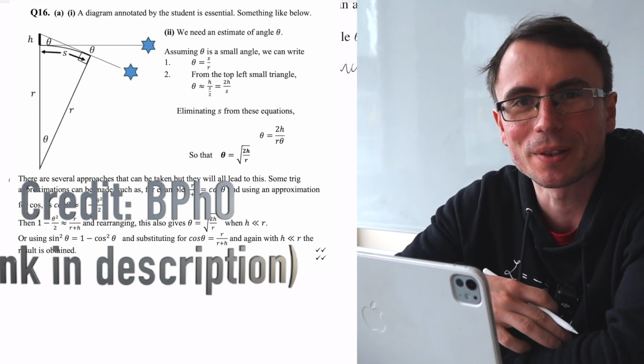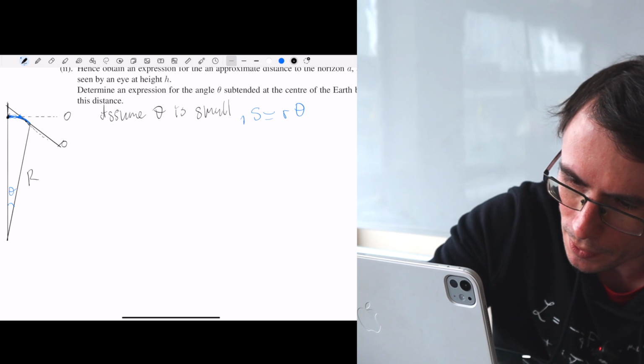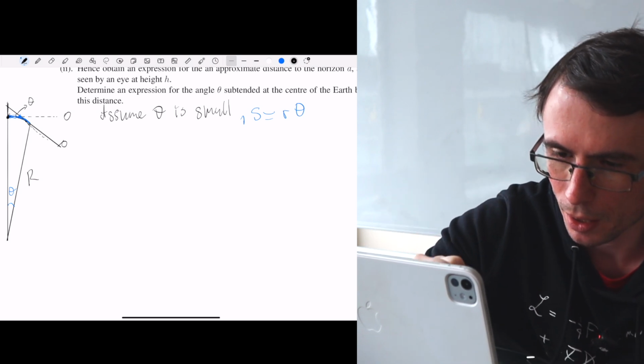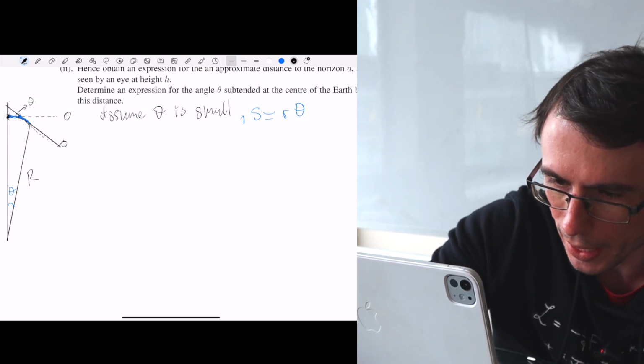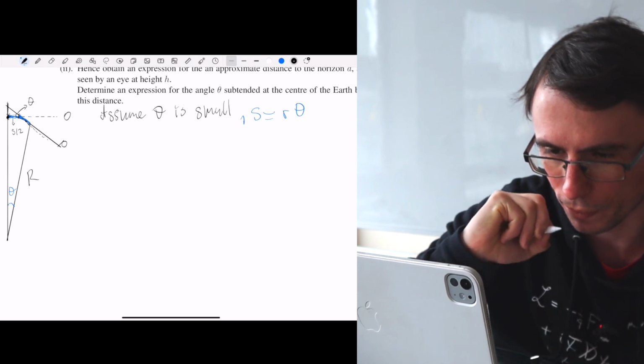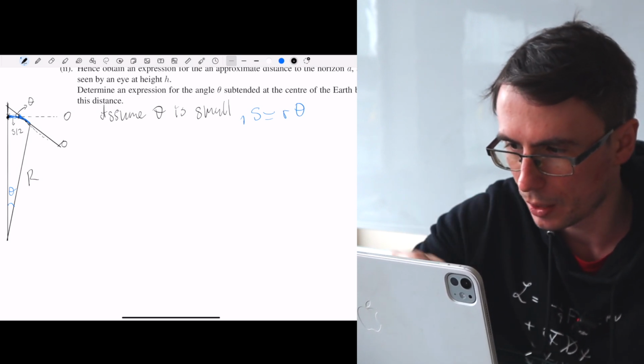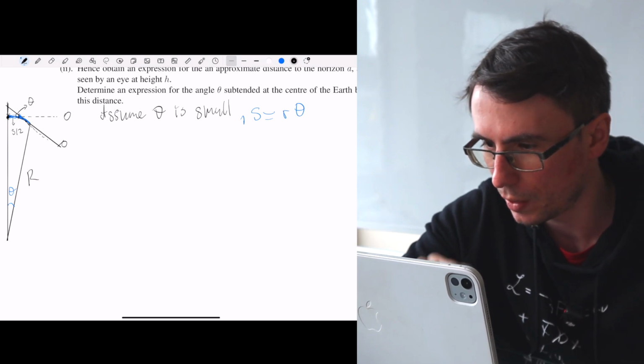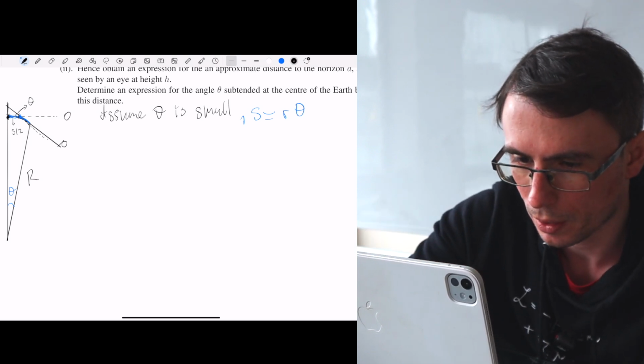Really, really interesting question. So from similar triangles, we can say that this angle here is theta, so this distance here is s over 2, and we can say that s is equal to r theta.